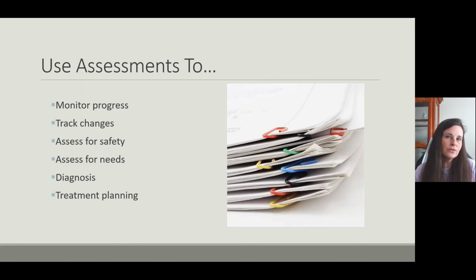And then you can also use those assessments to look back and see, is the work that you're doing with her satisfactory, whether that is you looking back to track those changes and to make sure that you are providing good services for her, or for her to look back to say that she is receiving treatment that's effective and helpful for her. So assessments can be used in a lot of different ways to help us throughout that stage.